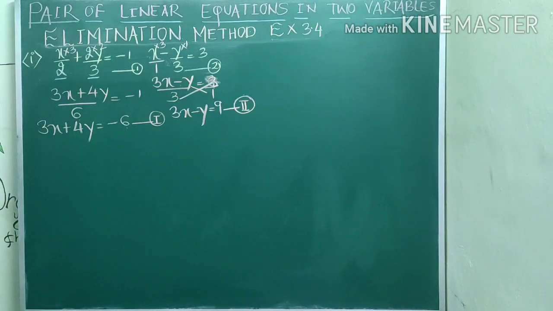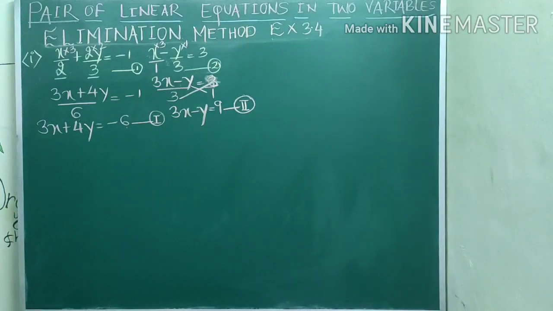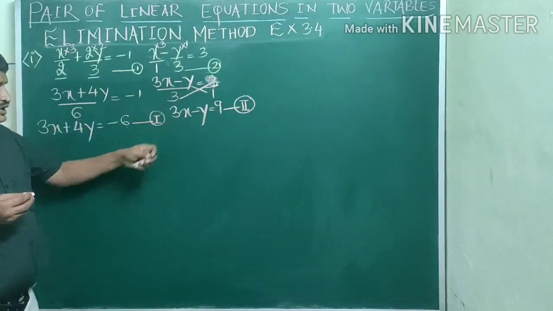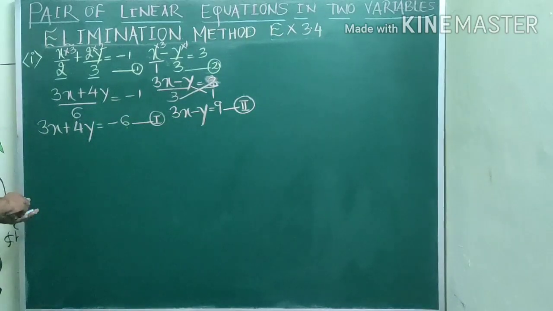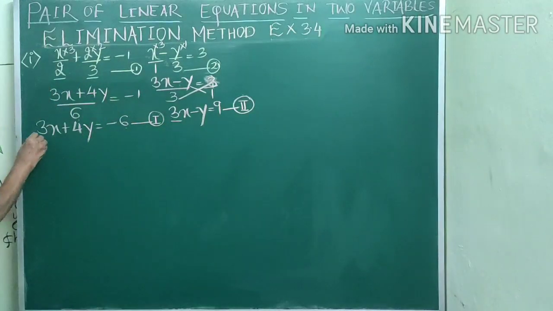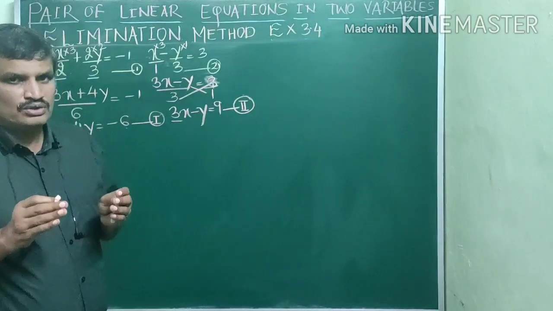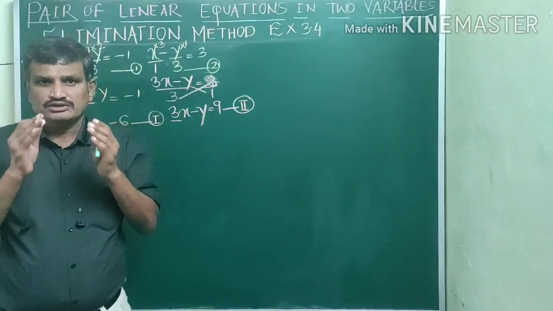Now children, we have to solve these two equations with the help of elimination method. Now see, suppose I decide to eliminate x. Then see here, the coefficient of x is 3, the coefficient of x is 3. So that means the coefficients of x are already the same.